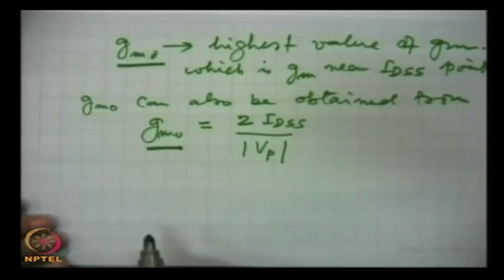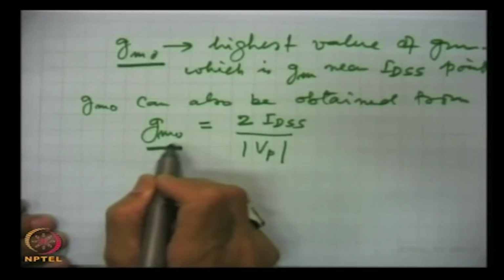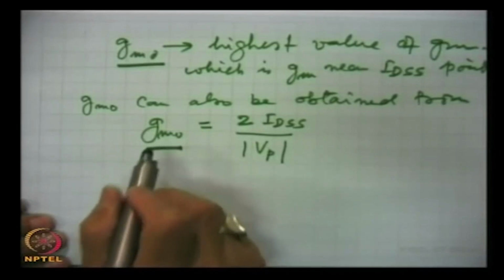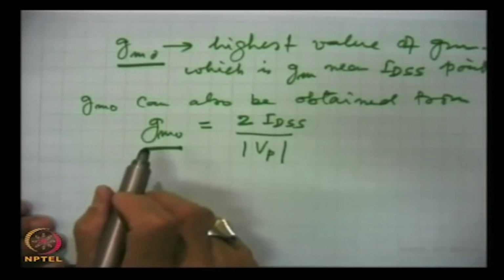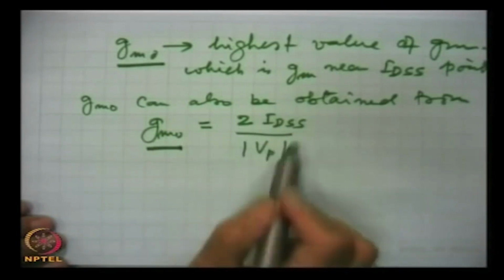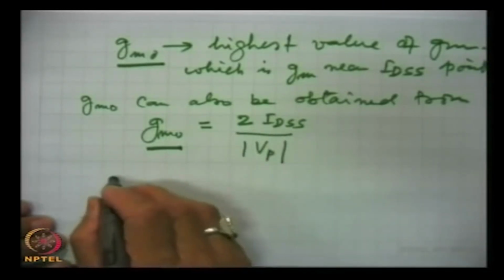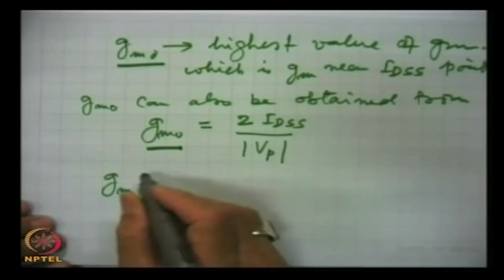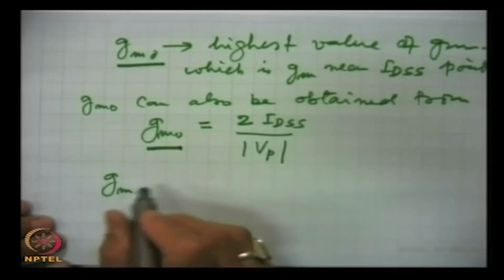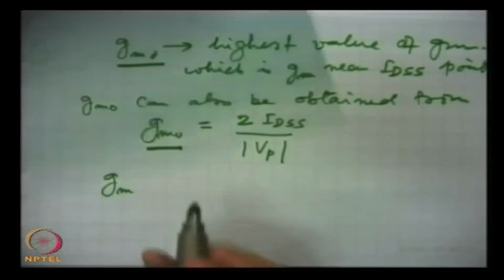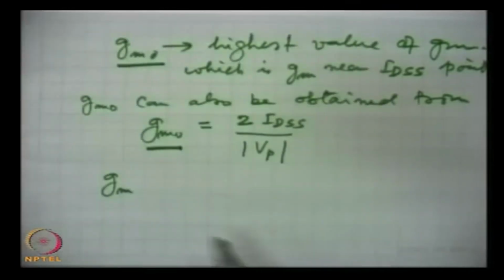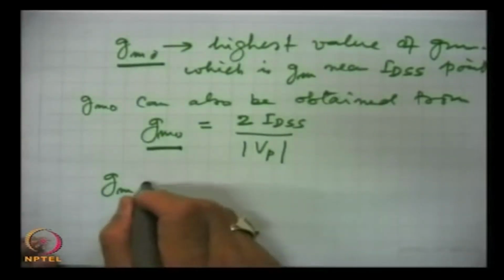And so from GMO, the maximum value which is either provided by the manufacturer or can be obtained from the data provided by the manufacturer, we can find GM for any value of VGS depending on our Q point.